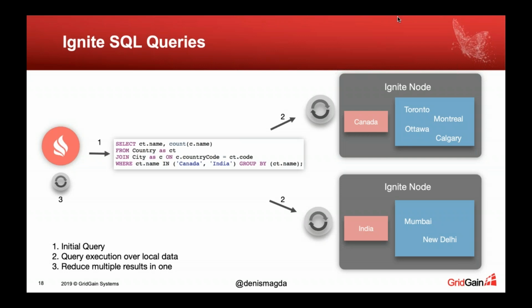Each node completes its part, and it will transfer back the result sets to your application. And then internally, the part of Ignite that is running on your application side will reduce that query, will prepare a final result set for you and return it to your application level.